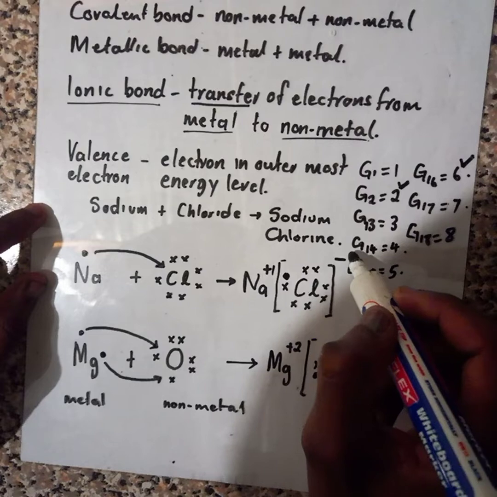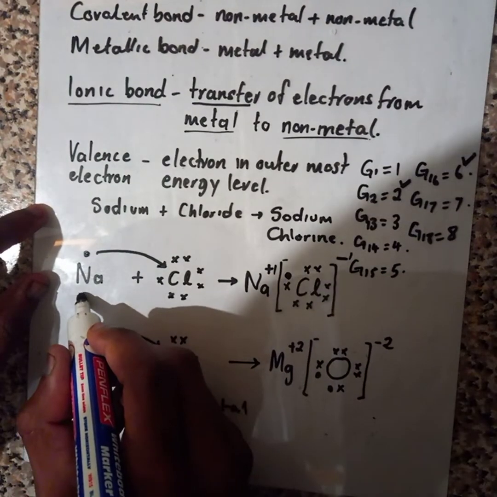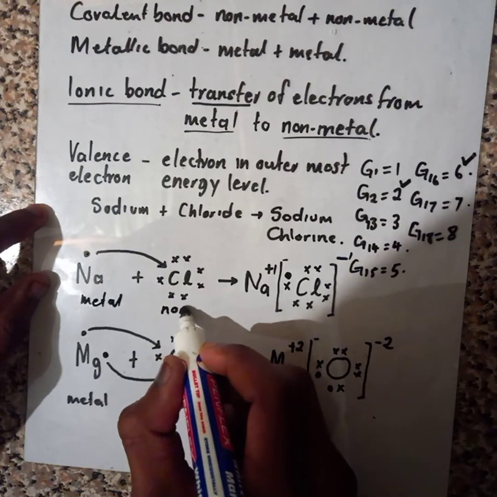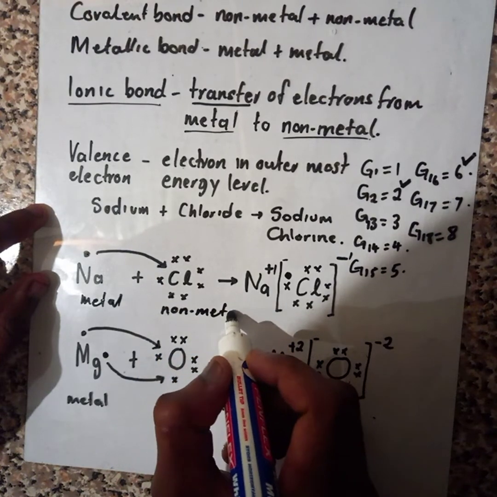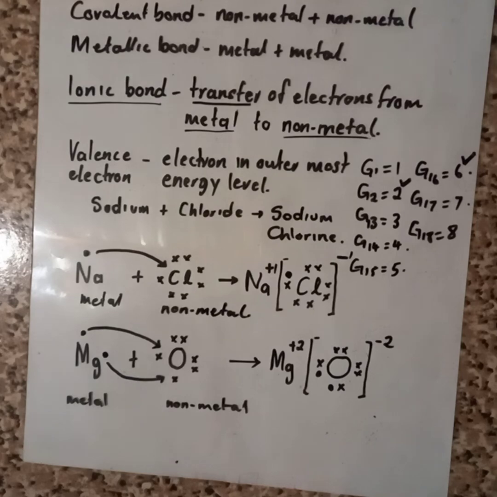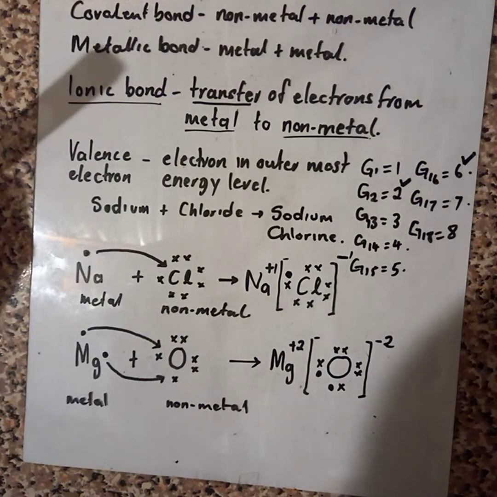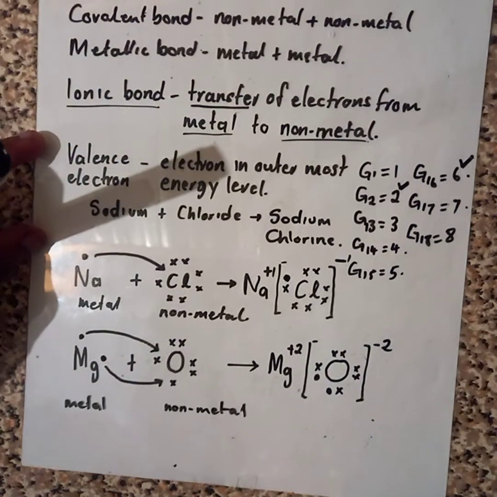Here we wrote +1, -1. This one is metal. This side we have non-metal. You see, this is a Lewis dot diagram equation for the ionic bonding.